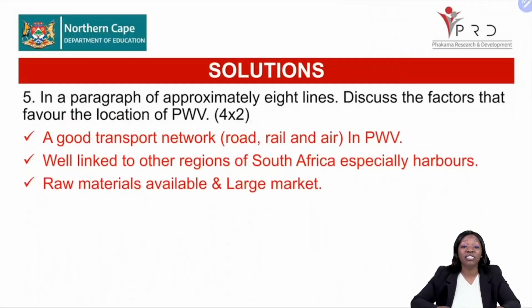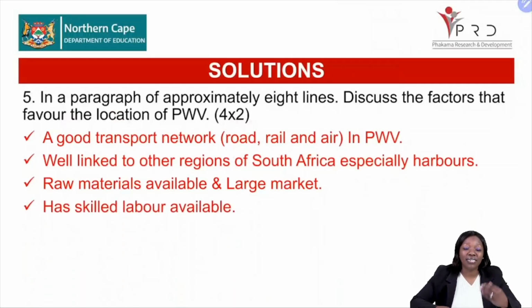We're also looking at PWV. We said most of the minerals or a lot of raw material are found in this region. Then we're also looking at more people being attracted to this region because of its high population. So therefore, it becomes easier for them to get skilled labor.